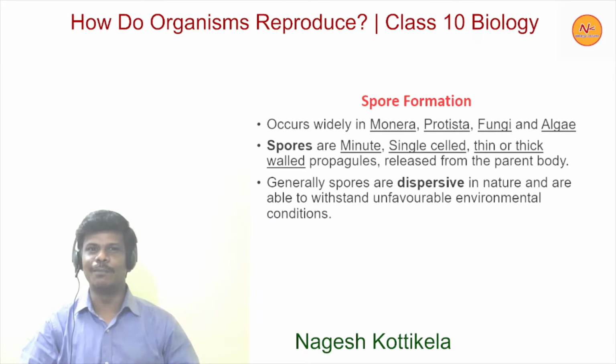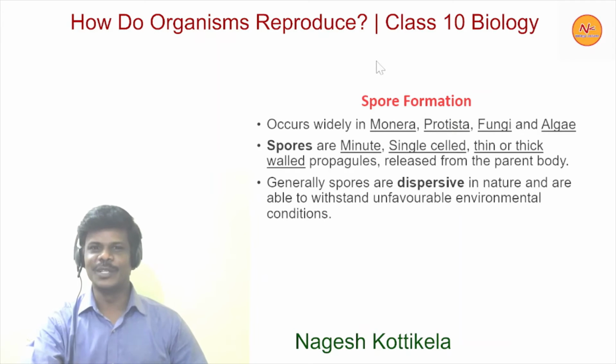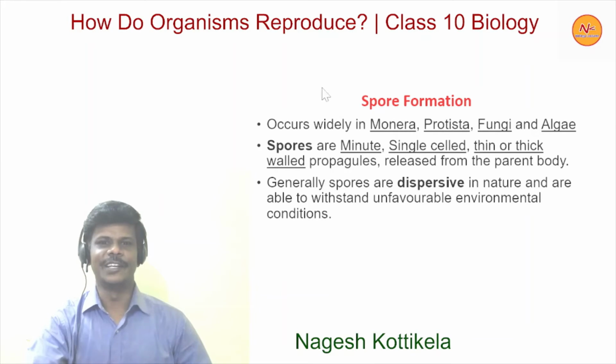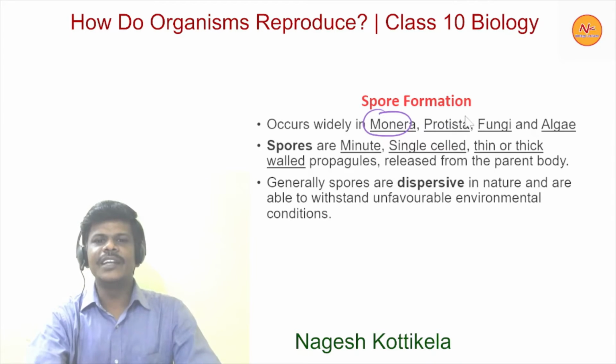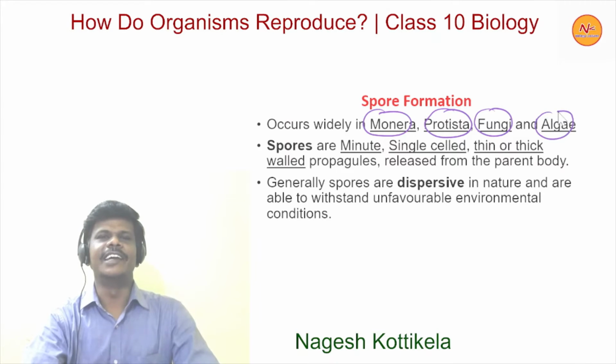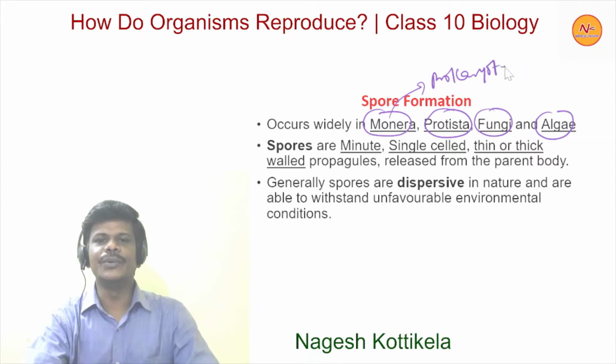Today's topic is spore formation from the chapter How Do Organisms Reproduce. Let's begin. Spore formation occurs widely in Monera, Protista, fungi and algae. Monera are prokaryotes; all prokaryotes are placed in this kingdom.